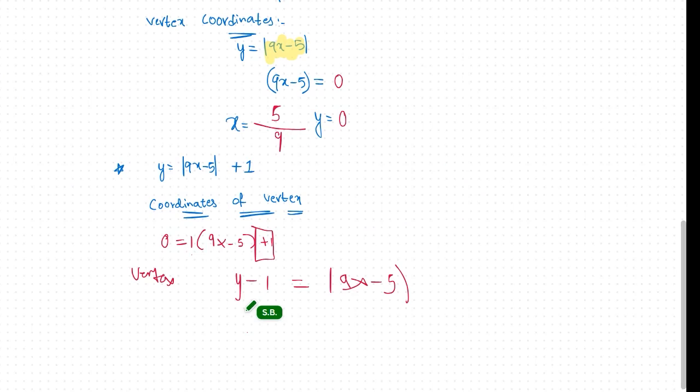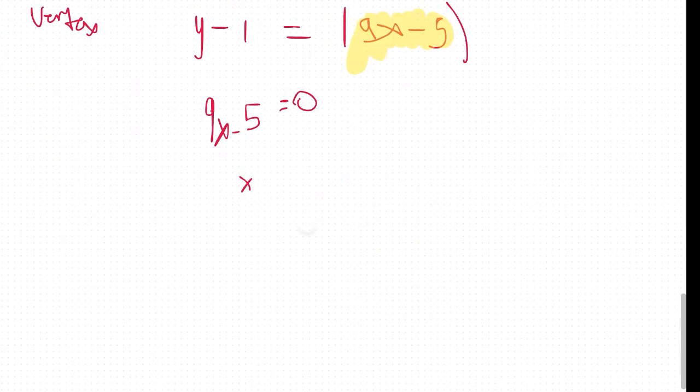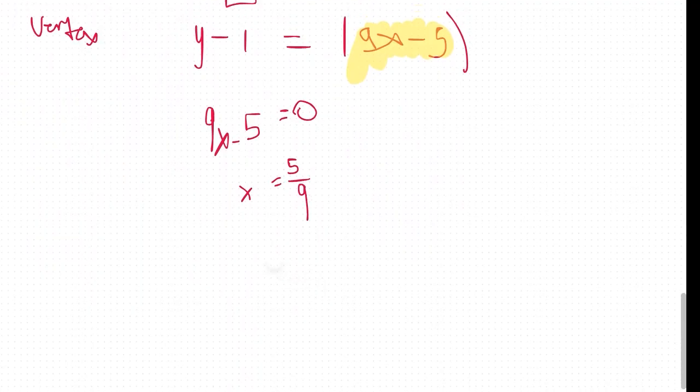Whatever is inside the absolute value, equate that to 0 to find the coordinates of the vertex. How much is x? 5 by 9, right?